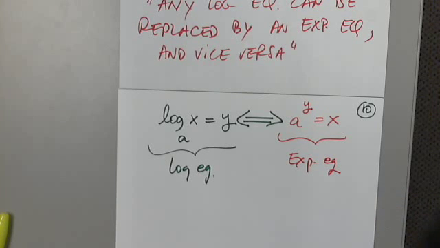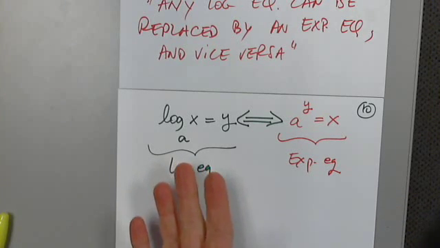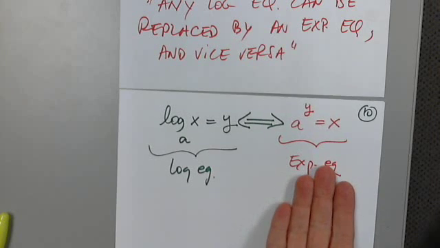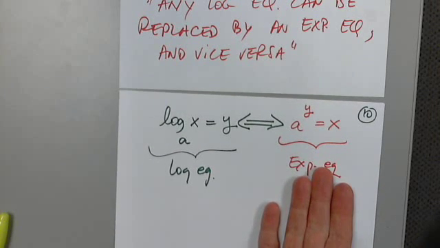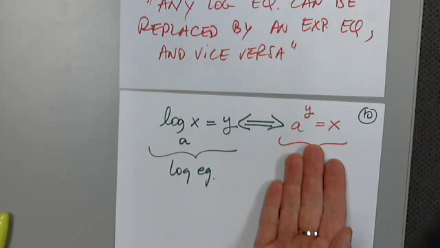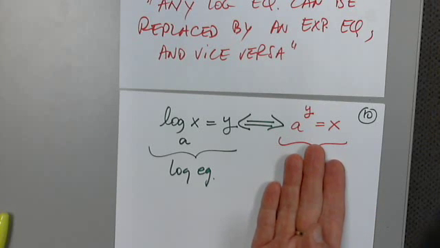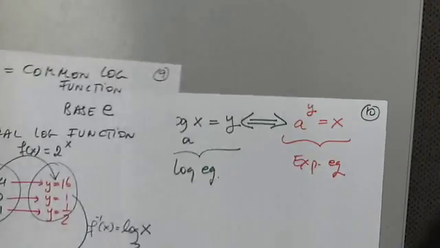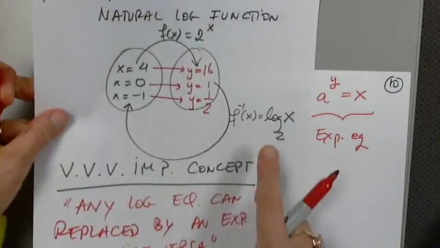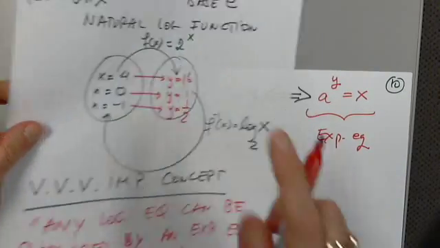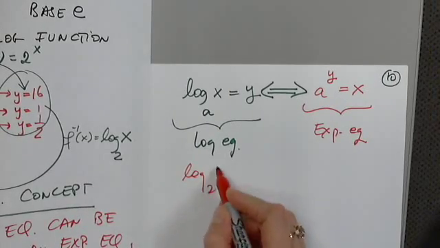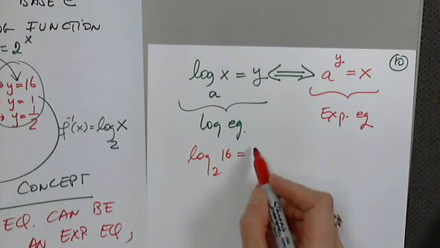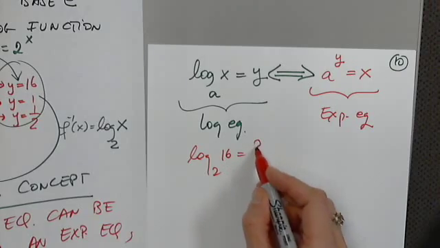So, when we are given a log equation, if it's more convenient to solve the exponential one, we will change it. If we're given an exponential equation and that's not easy, I'm going to change it into a log, it may be easier. Okay, so why do I need this? Because I need to show now that when I apply log base 2 to 16, log base 2 of 16 is a number.